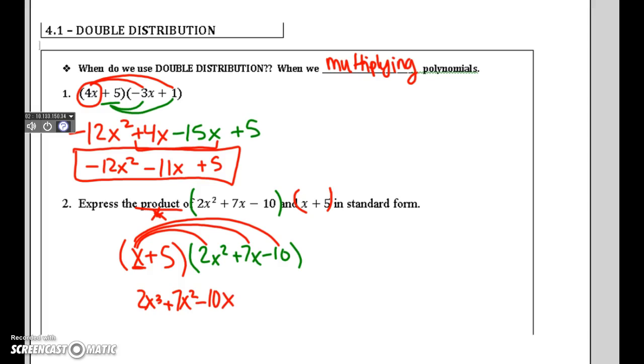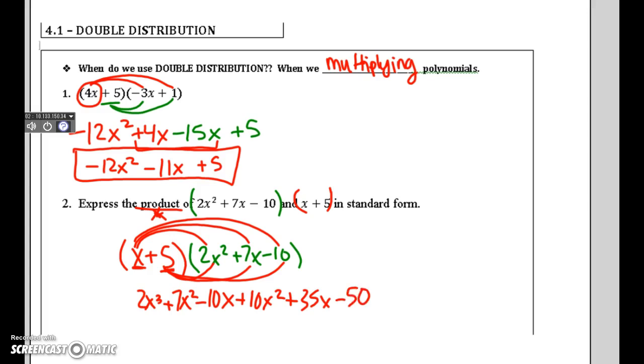I'm halfway done. So now I need to go ahead and distribute the 5, the second term, to everything. And I'm going to go ahead and draw the sweeps underneath. Positive 5 times positive 2x squared gives me positive 10x squared. 5 times 7x gives me positive 35x. 5 times negative 10 gives me negative 15.